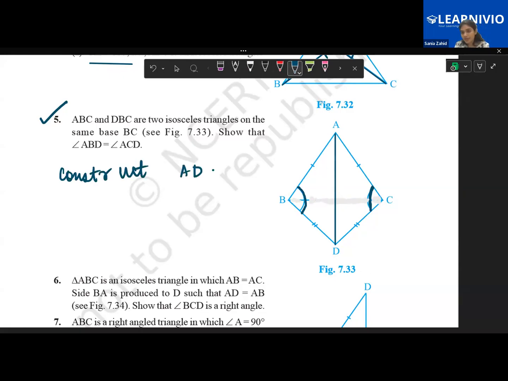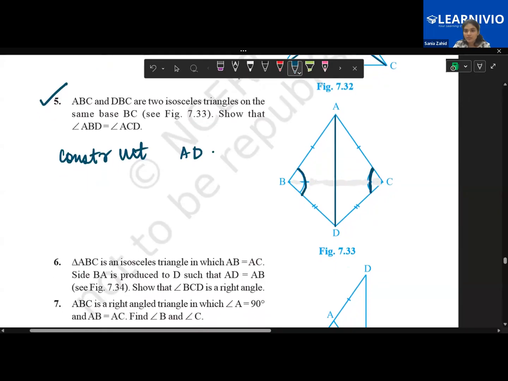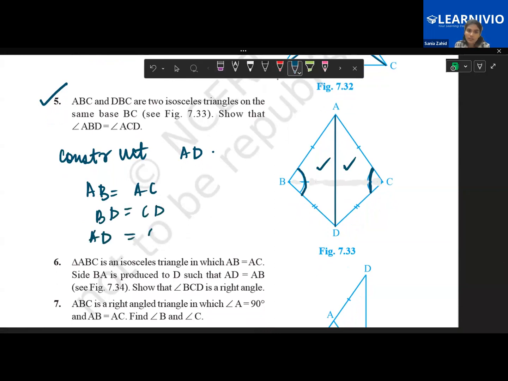Construct AD. Next you will take this triangle and this triangle and write AB equals AC, BD equals CD, and AD equals AD.